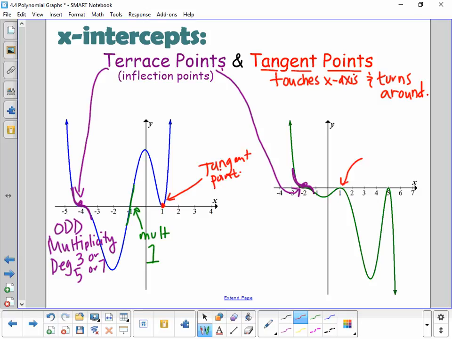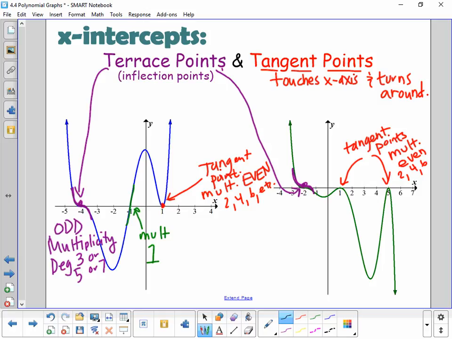And this function has 2 of them. And the multiplicity has to be even here for these tangent points. So it could be 2, 4, 6, and if we're thinking about the lowest possible, it would be 2.